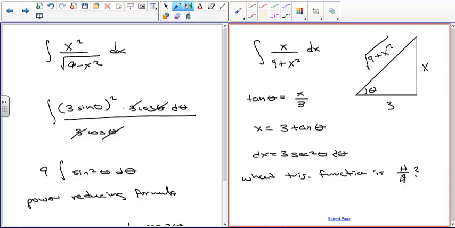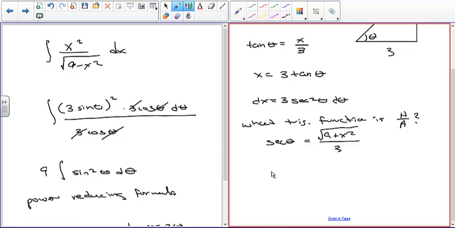Therefore, hypotenuse over adjacent is the secant. So that's what we're going to use here. So the secant of theta is equal to the hypotenuse length divided by the adjacent length. And just like before, what we're trying to do is solve for this thing, because that's the substitution we need to make.